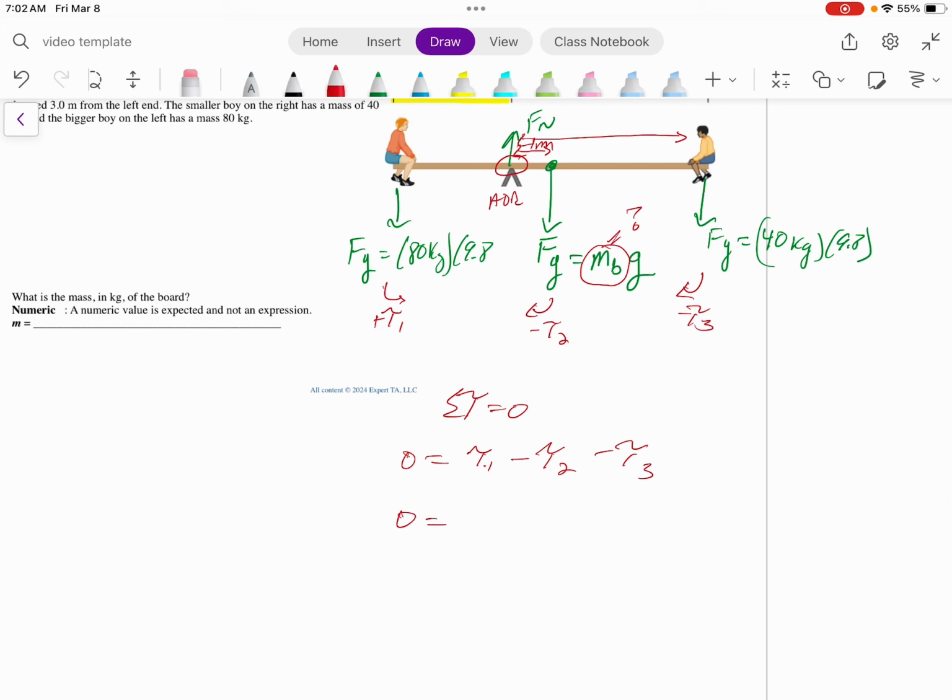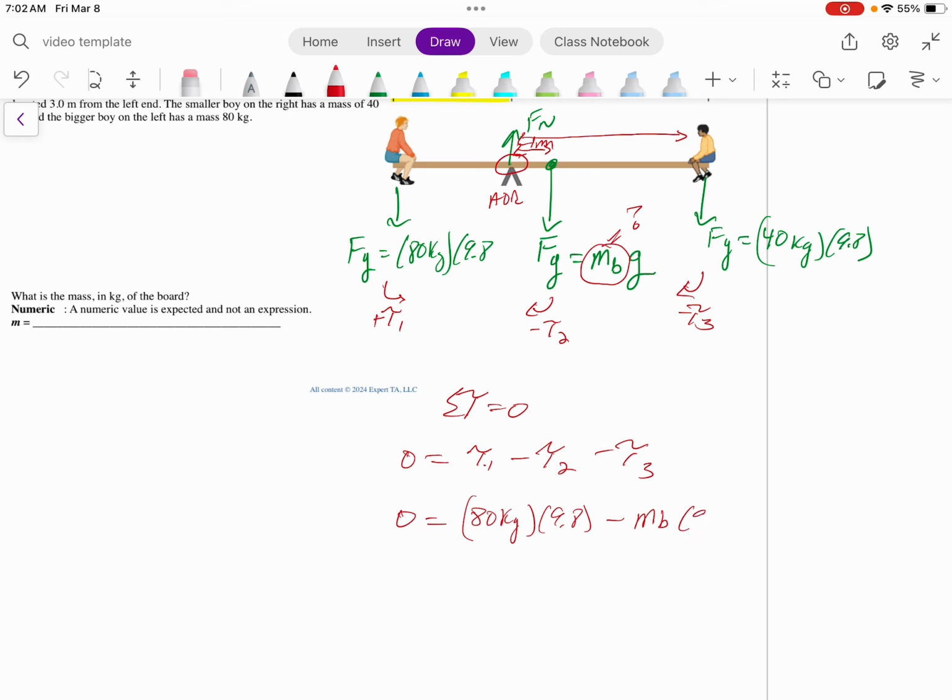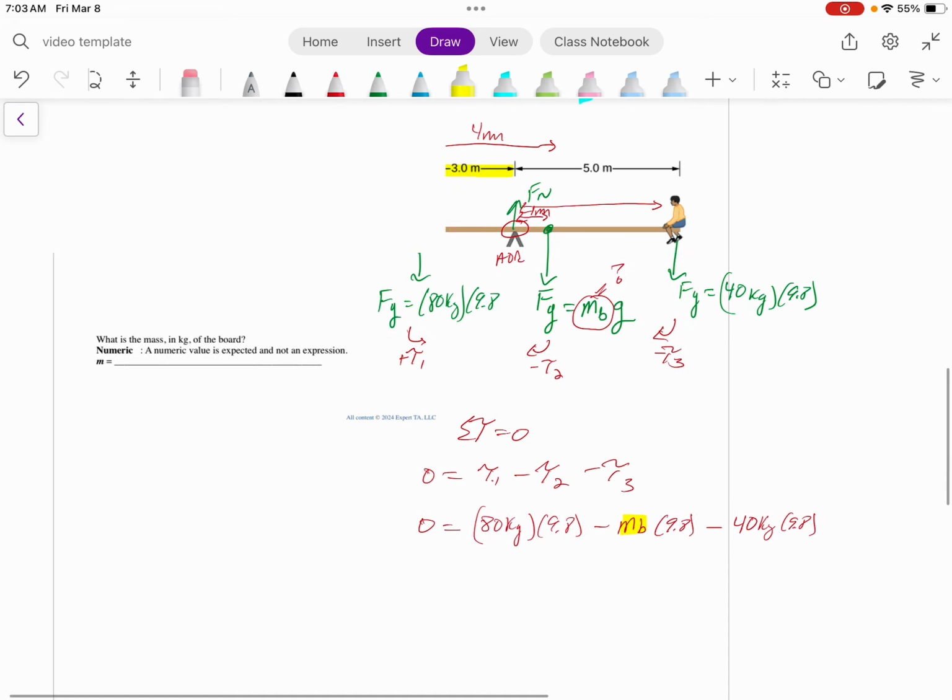Torque 1 is 80 kilograms in my case, times 9.8 times sine of 90, minus torque 2, which is the mass of the beam times 9.8 times sine of 90, minus the torque of the smaller boy, which is 40 kilograms times 9.8 times sine of 90. And now I only have one unknown, which is what they're asking for.